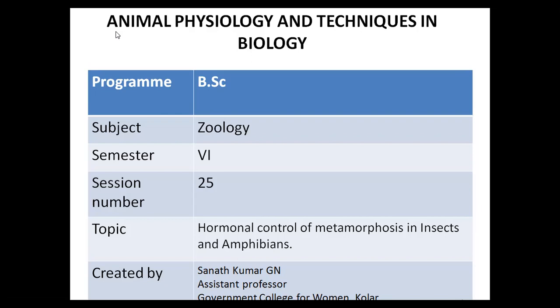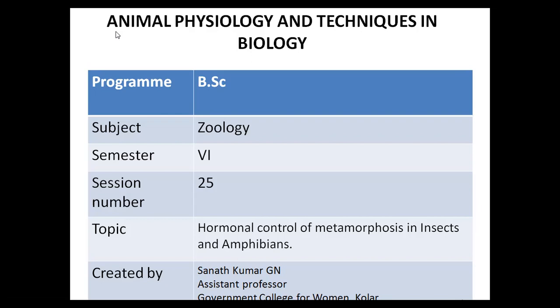Now this process has to be done in a regulated manner. Once the adult structures are formed, the larval structures have to get disintegrated, and this phenomenon has to happen in a controlled manner. Now, who is controlling all these activities? The hormones are controlling.